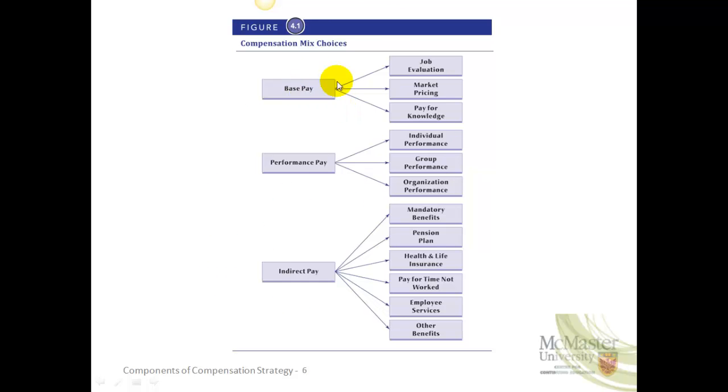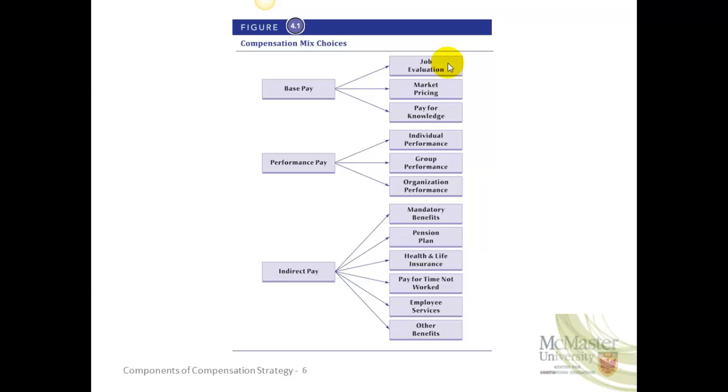Again, we talked about base pay, performance pay, and indirect pay. And again, this graphic is kind of neat because it tells us what are the elements that we can consider if we're formulating a compensation strategy that might be part of our base pay. Well, most organizations evaluate jobs internally to make sure they have what we call internal equity. Some of those job evaluation systems you may be familiar with.